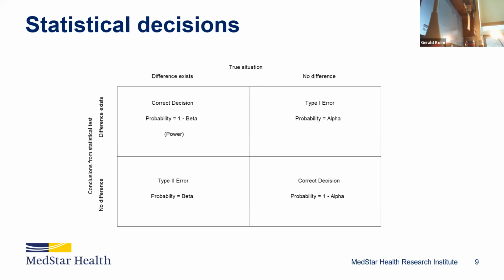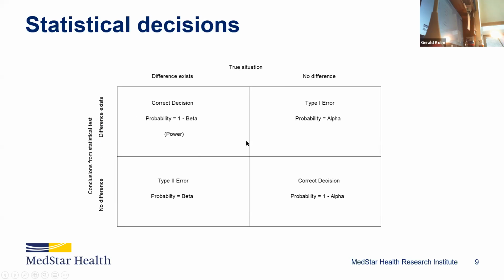So probably most everyone who's taken a statistical course has seen this 2x2 table here. What we have here is the true situation in the columns, that is, whether a difference exists in the population or there's no difference in the population. And the rows then are the conclusions that we make from our statistical test, whether we conclude a difference exists or there is no difference.